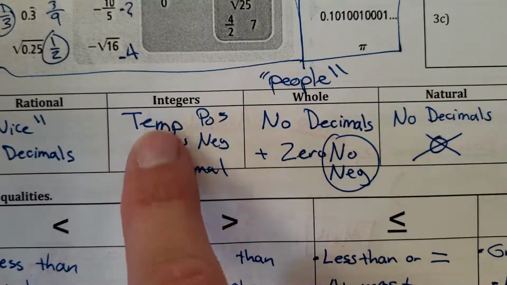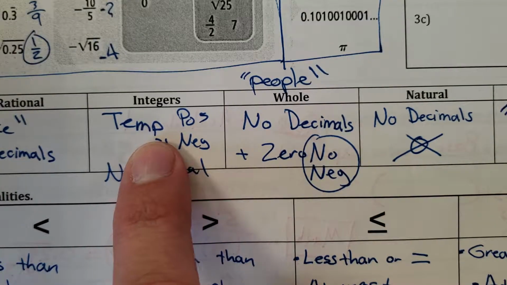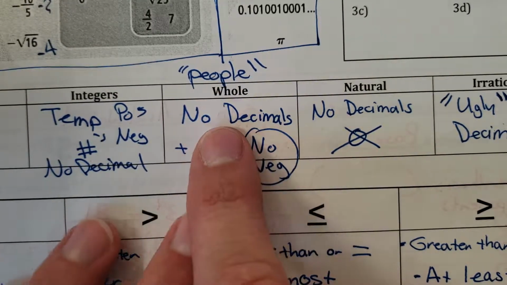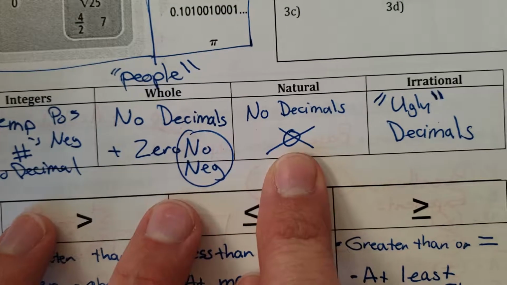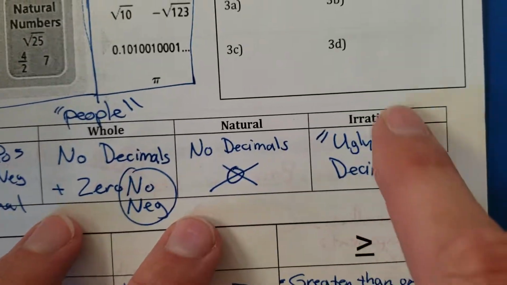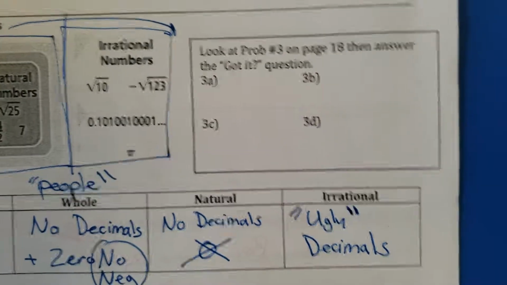Think temperature numbers for integers: positive, negative, but no decimals allowed. The weatherman never uses decimals. Whole numbers are when we're talking about people or whole things. And again, animals can't think of the number 0. That's the only way I can really describe the difference between these lists. And then again, irrational means they're ugly. They aren't going to be pretty when you put them in your calculator. We already did those. All right, that's problem number 3.